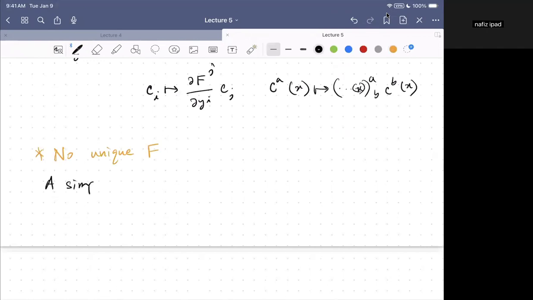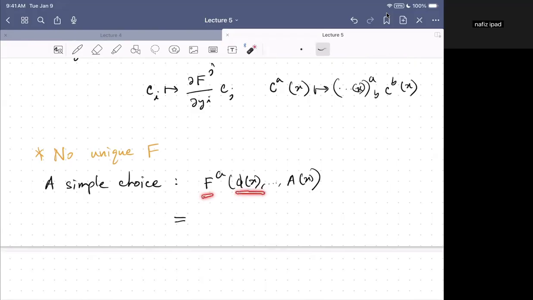A simple choice is given by f^A, which is supposed to depend on all your fields and the gauge field. Of course, if you want to write down an f that actually depends on all of these fields, then first you have to specify a theory. You have to tell me what fields you have in your theory, and then you can write down an f. But the simplest choice is such that this does not depend on these at all. It only depends on the gauge field.